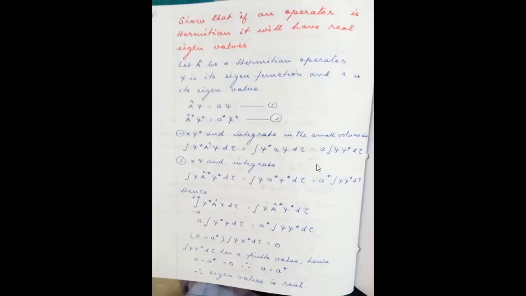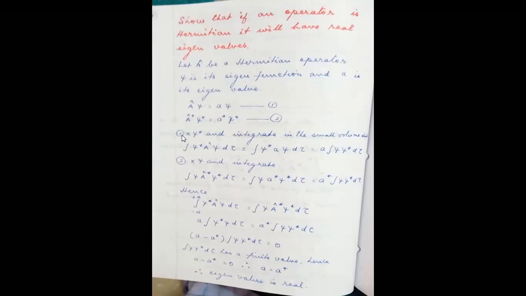Let me take an equation. A operator operates on a function psi, and it comes out with an eigenvalue A times psi. And another equation, A operator star on psi star, which gives an eigenvalue A star times psi star.